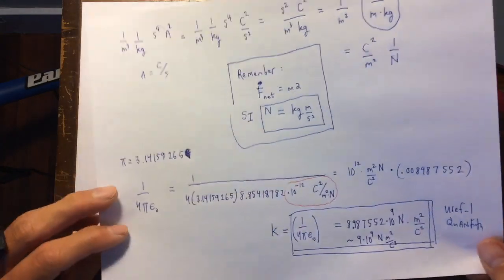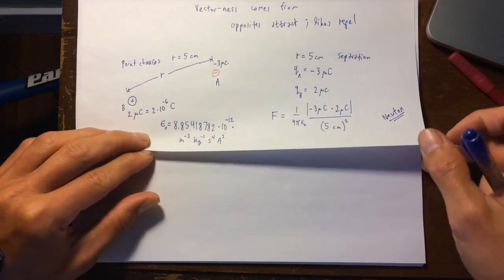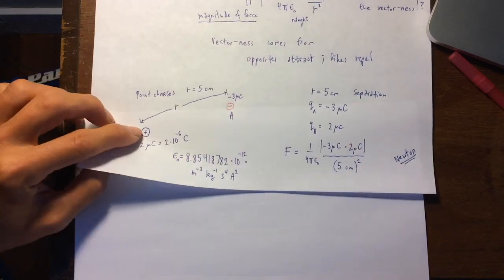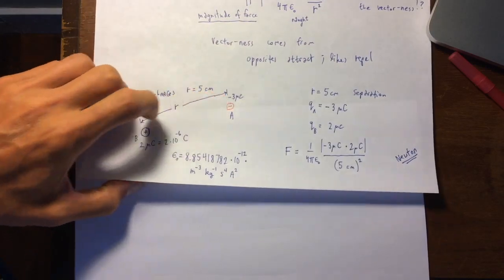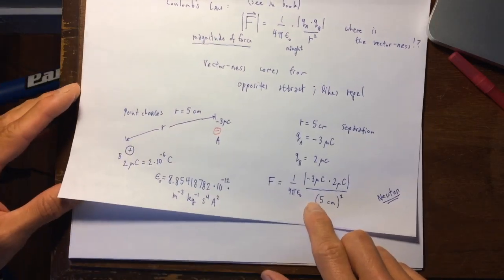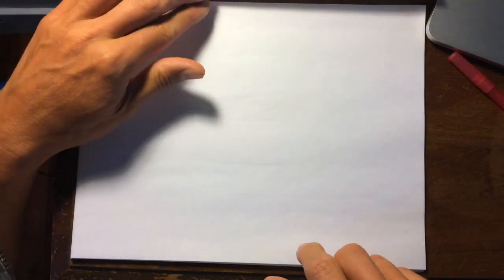All right, without further ado, let's finish this original problem. So the original problem has these 2 charges separated by 5 centimeters, and each of these things has a charge. So I can finally calculate this. So let's do that. Let's see what kind of number we get.